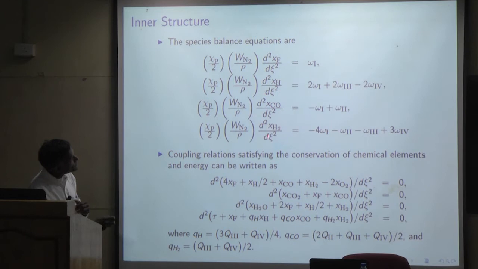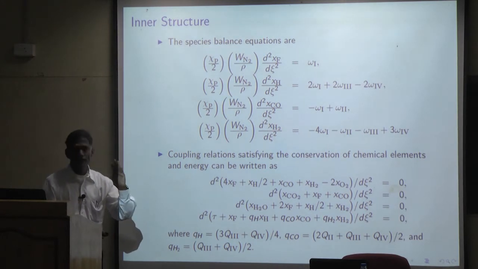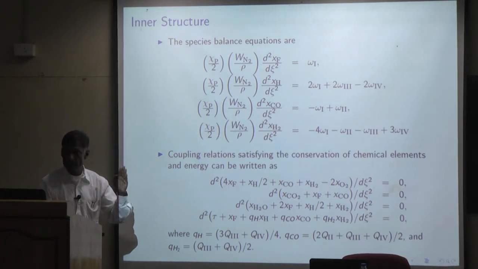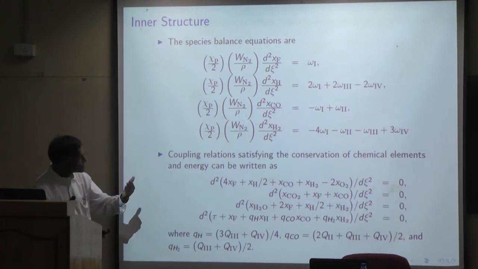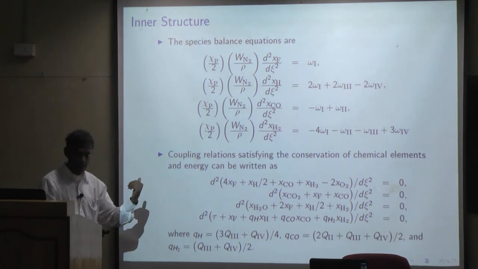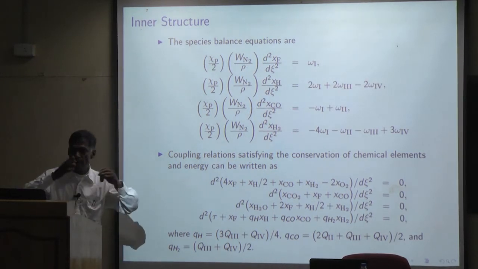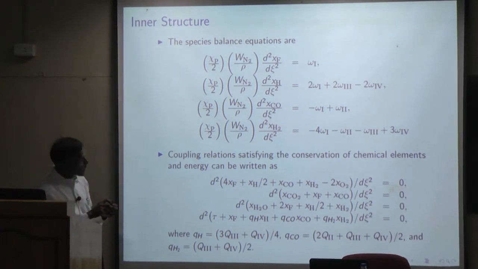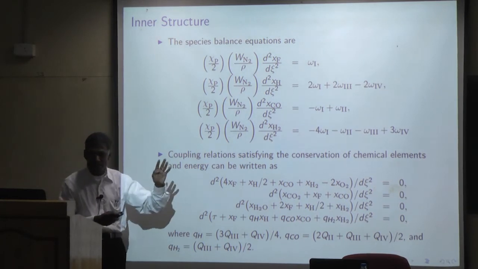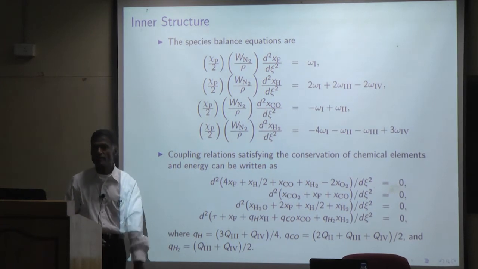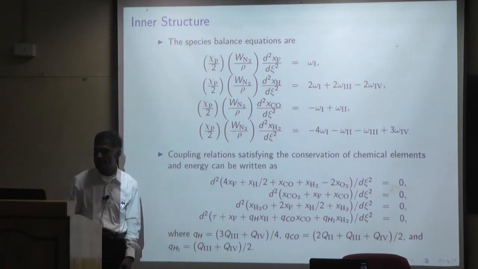We had 7 species, but because it's a 4-step mechanism, there are only 4 independent species balance equations I can write. The other species you can get from element balance. Therefore, to solve the complete problem, it's required only to solve these 4. So the 4-step model simply means there are 4 differential equations you have to solve.